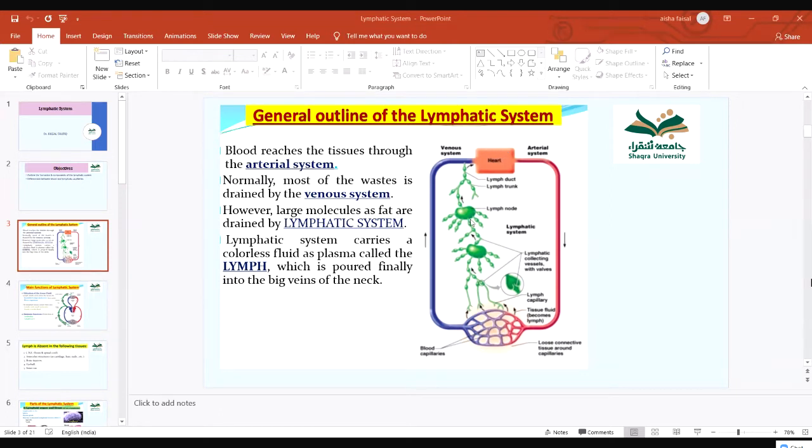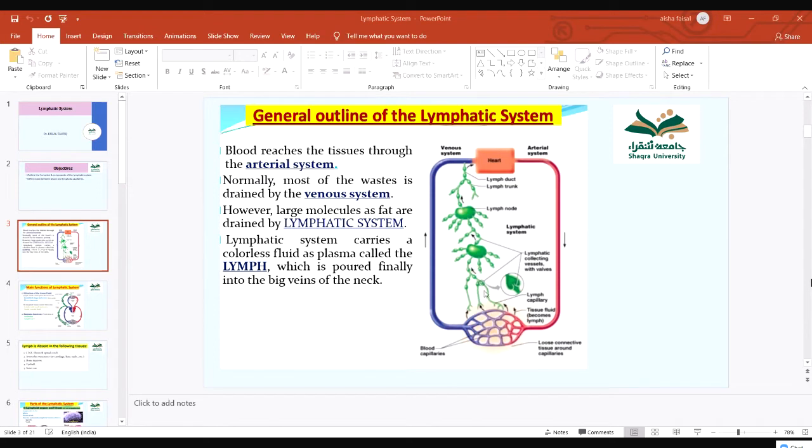But some part of the extracellular fluid, which is leaking out from the capillaries, is left behind. So it creates its own path. It does not involve these blood vessels. Through this path, on its way back to the heart, it encounters many of these round, bean-shaped lymphoid structures.